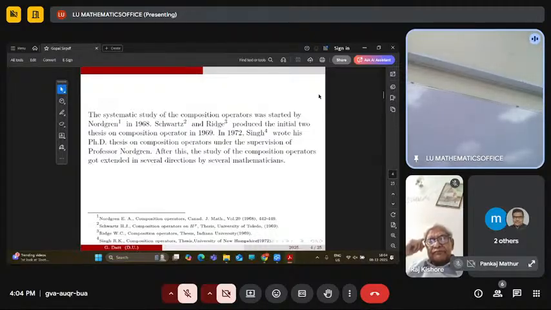The systematic format of the composition operator came in the work of Nordgren in 1968. Then Schwartz and Ridge produced the initial two theses on the composition operator in 1969 and 1972. Singh wrote his PhD thesis on the composition operator under the supervision of Nordgren, in 1972.